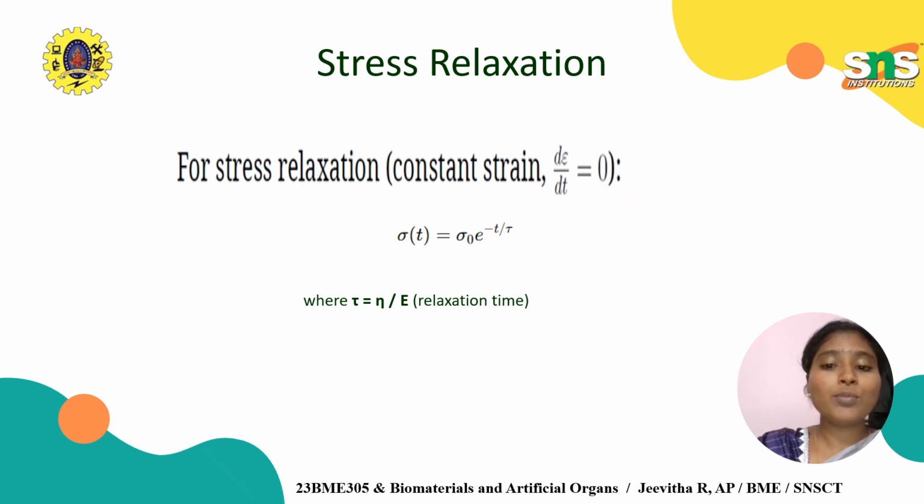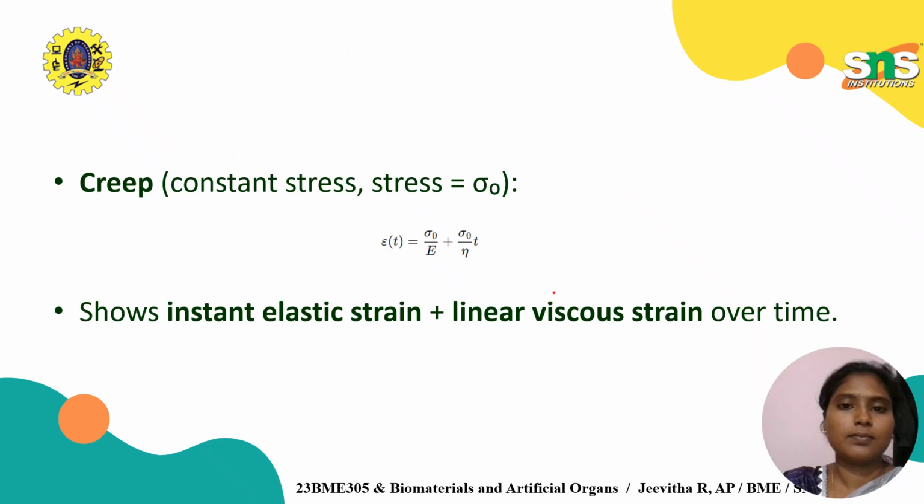Here we can assume the strain rate is 0. The expression shows the exponential decay of the stress, and tau is the time taken for the stress to reduce over time. Stress relaxation is important to know when designing implant material.